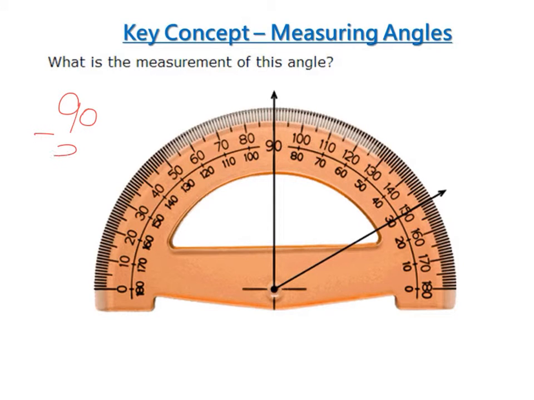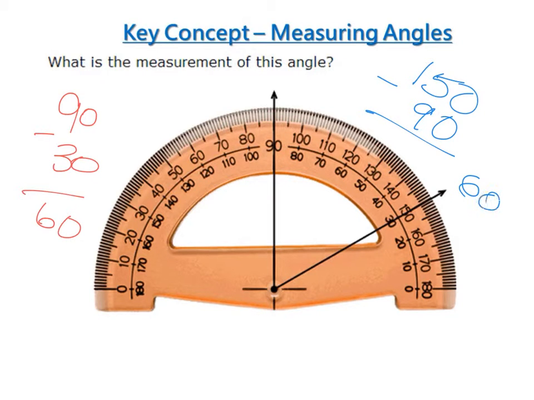If I look on the outer numbers, I have 150 minus 90, and 150 minus 90 is also 60. So either way, my answer is going to be 60 degrees.